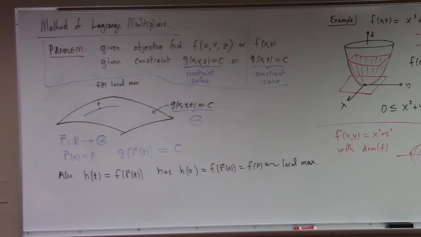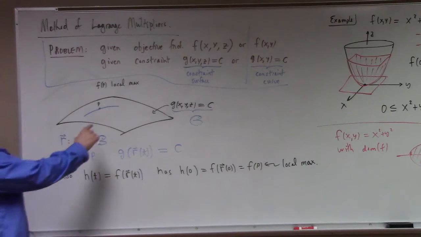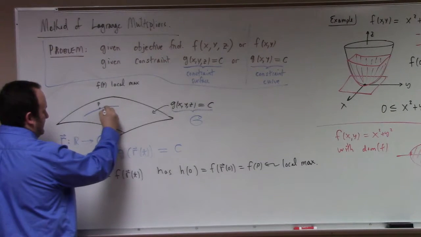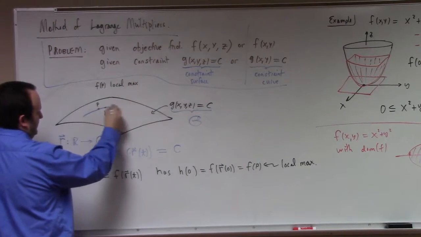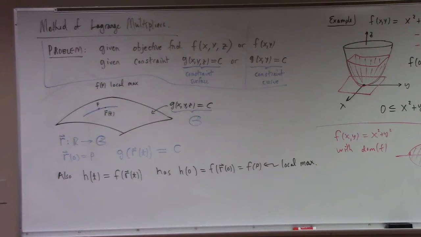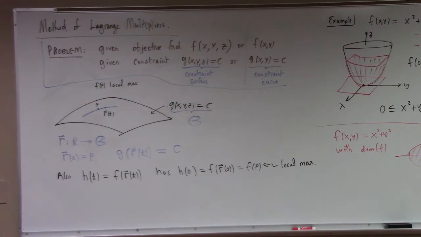If you trace out the curve, feed it to the objective function, which takes a max at p, then at t equal to 0 that gives us a maximum for h of t. And if we assume that f is differentiable and this is a smooth path, that means that h is a differentiable function.